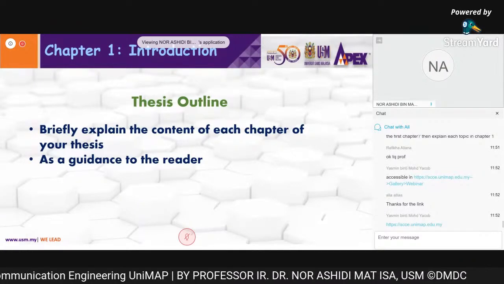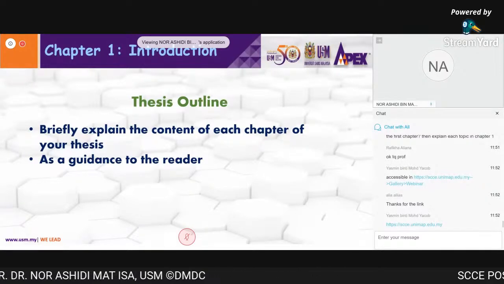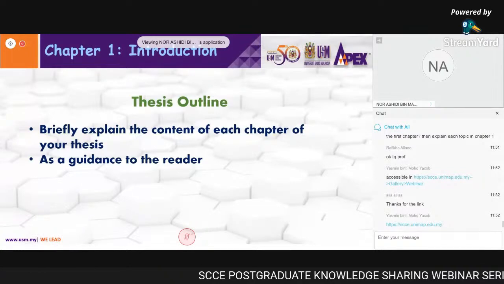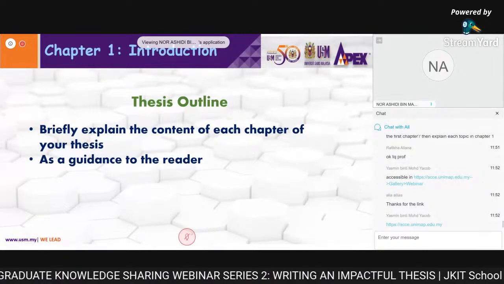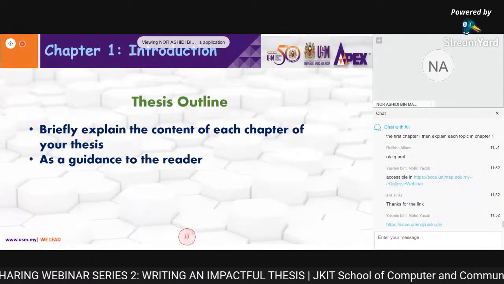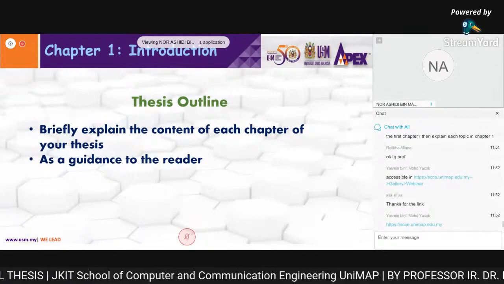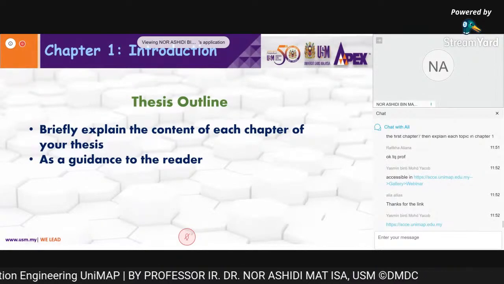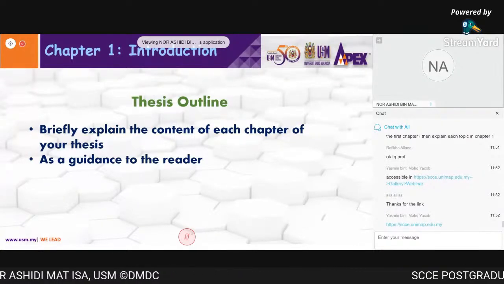So as I mentioned to you, the sections on research background and the problem statement are actually the summary of your chapter 2. Because in chapter 2, the literature review, you will basically have two main parts. The first part is about the general topics of your technique, and the second part is a specific review of your state of the art methods.